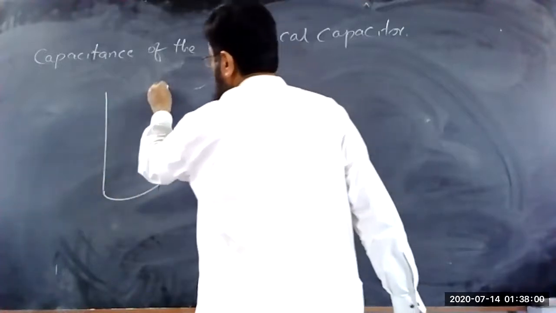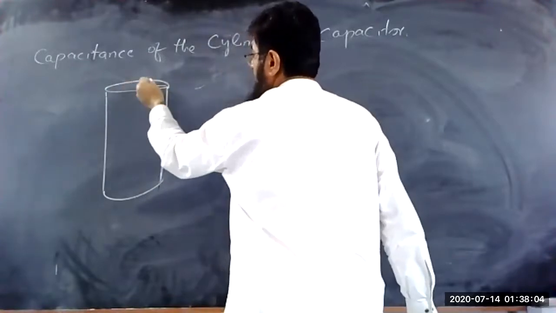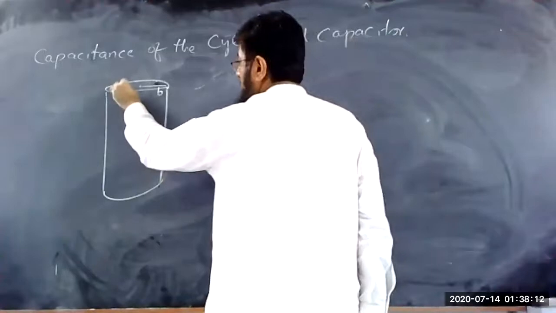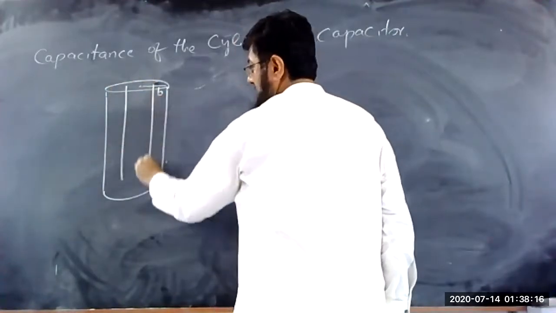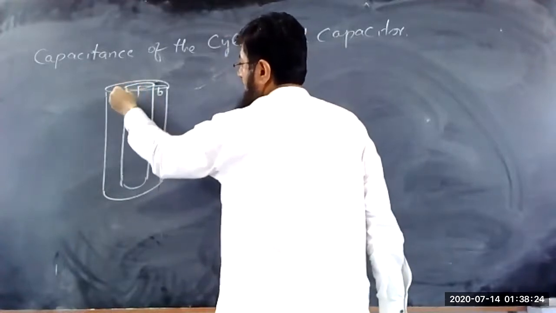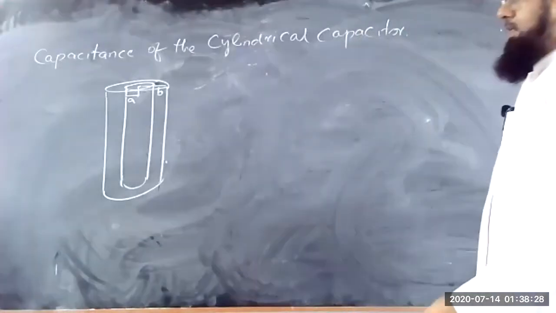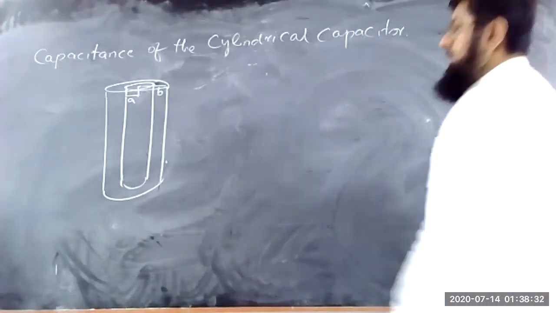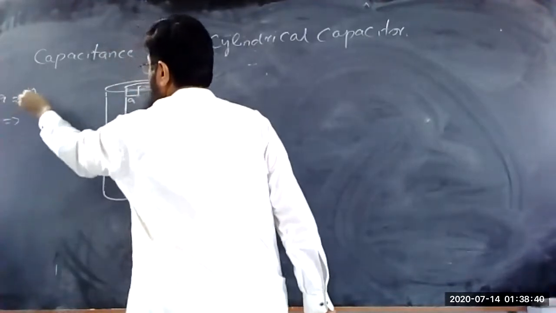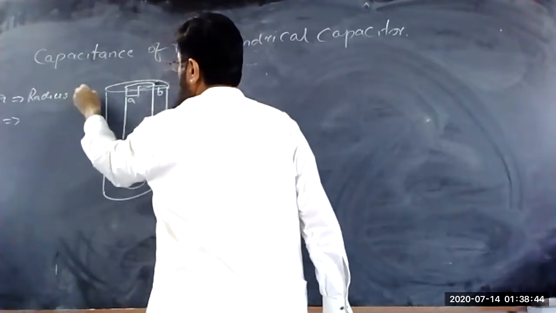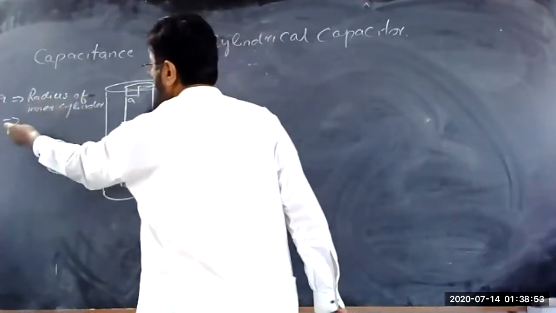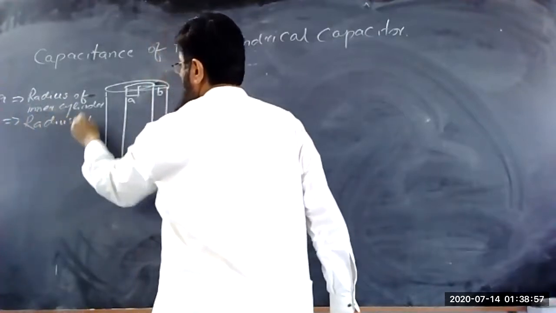This is the cylinder. इस सिलेंडर का जो रेडियस है, which we call B. This B is its radius. इसके अंदर एक और सिलेंडर है, इनर सिलेंडर. ये एक इनर सिलेंडर है. इसका जो रेडियस है यहां से यहां तक, which we call A. So A is the radius of the inner cylinder and B is the radius of the outer cylinder.